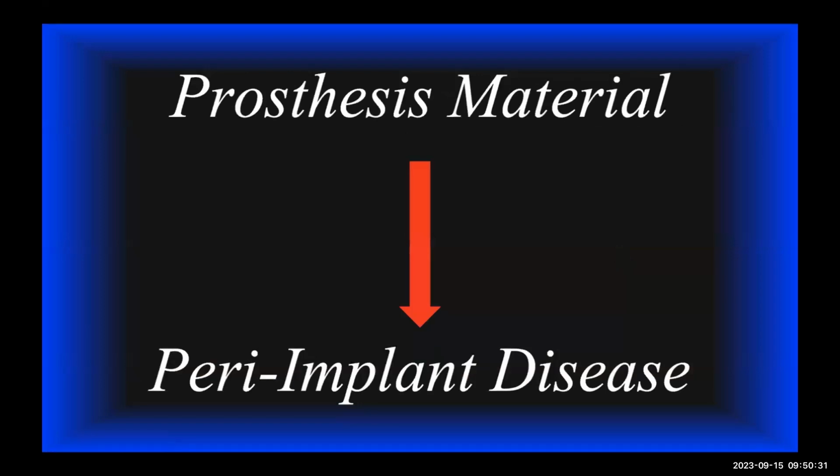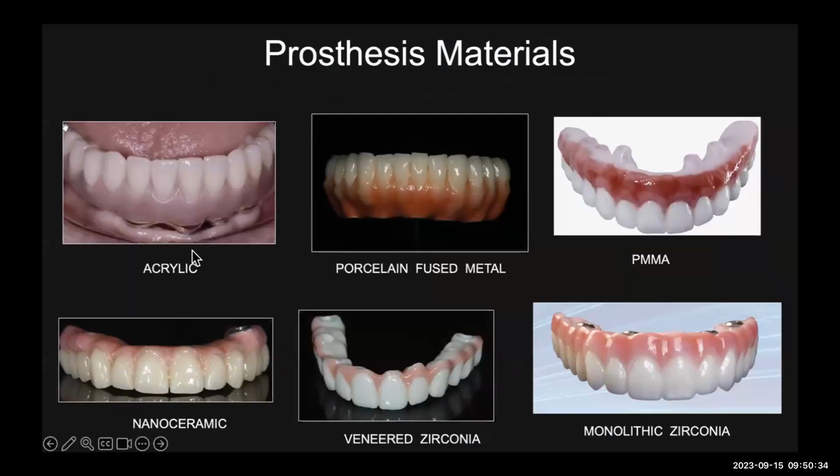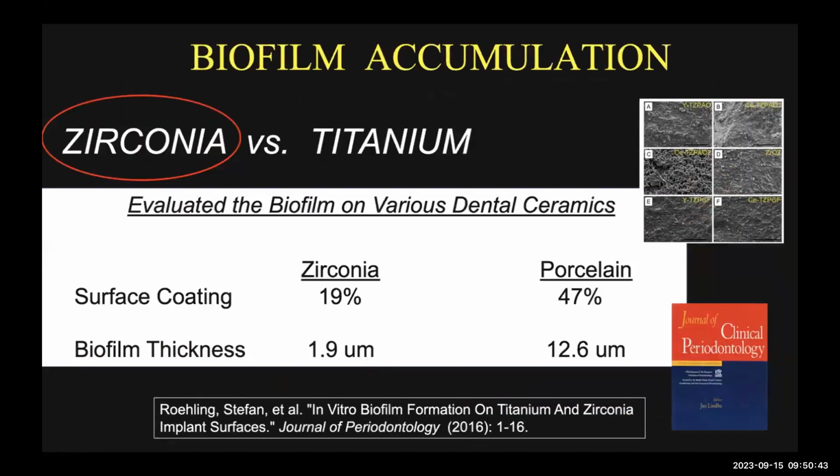Now, prosthesis material. There are all types of materials. There's a lot of research on this. Everyone has their favorite material, but let me tell you what the literature states now. If we look at zirconia, zirconia is at the top of the list. Monolithic zirconia. If you look at this study, it looked at zirconia versus porcelain. Surface coating was a mere fraction of it compared to what's on porcelain. But what's even more significant is the biofilm thickness.